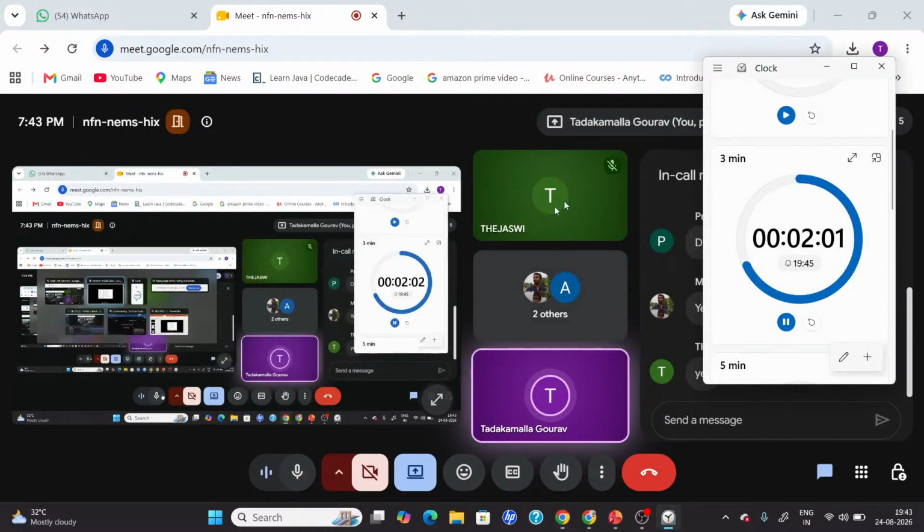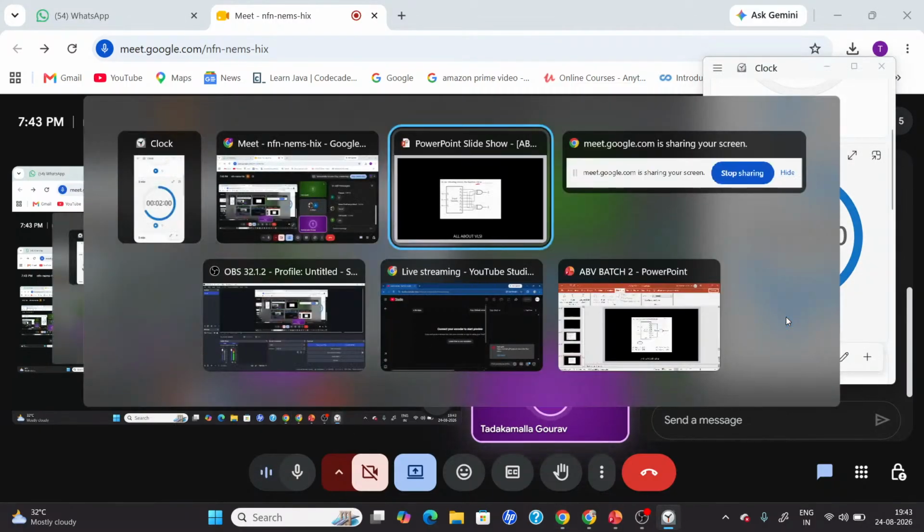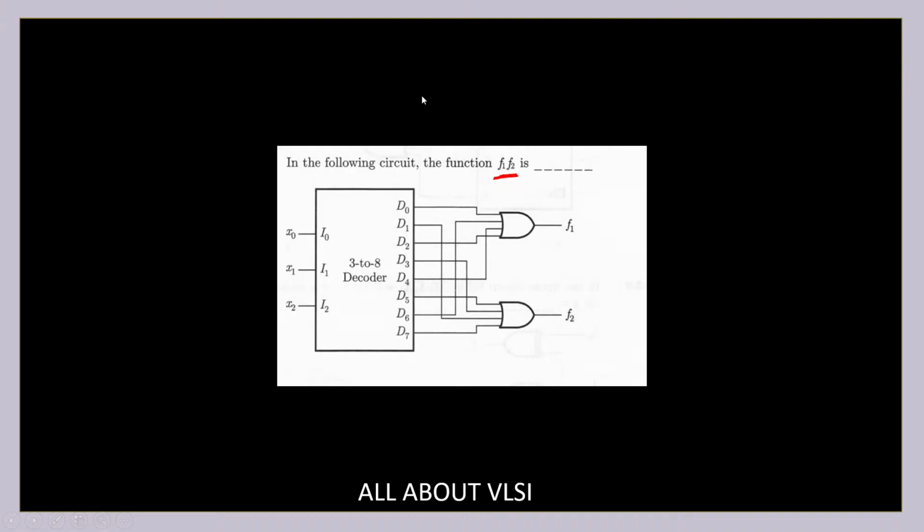Okay, let me also do this parallelly. So let's see what we are going to get. We need to find f1 and f2 and multiply them.